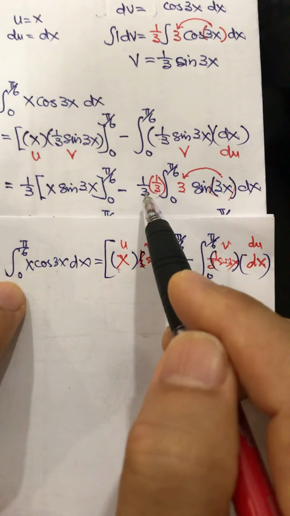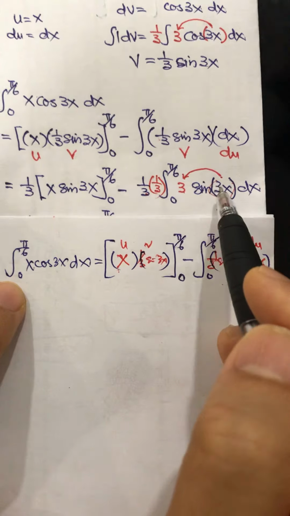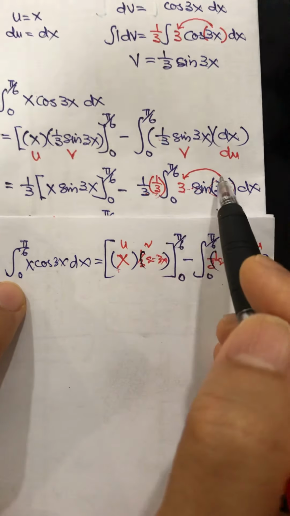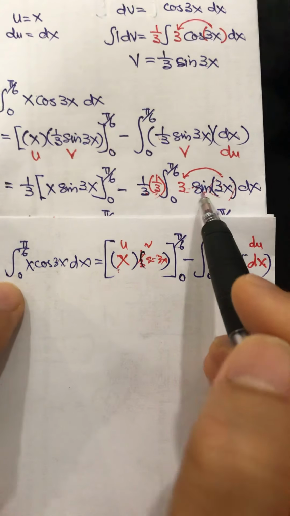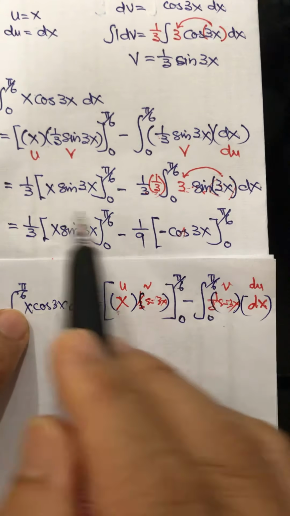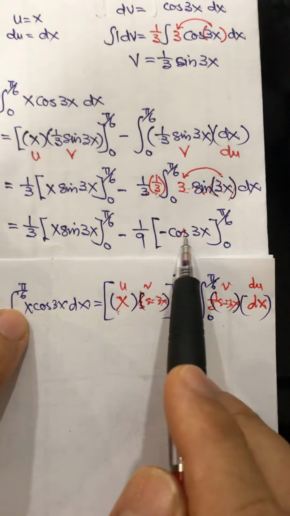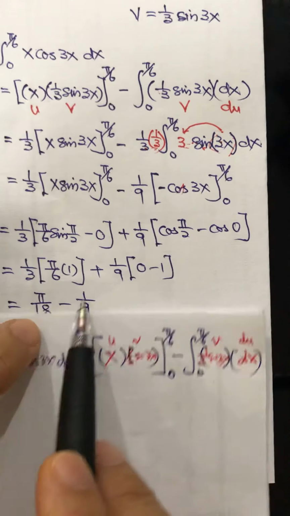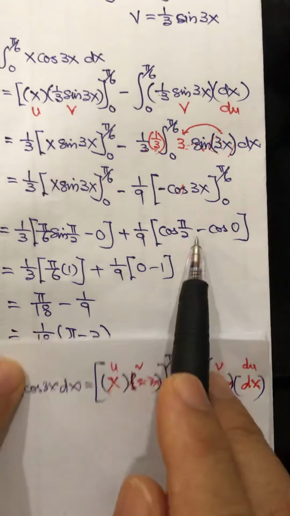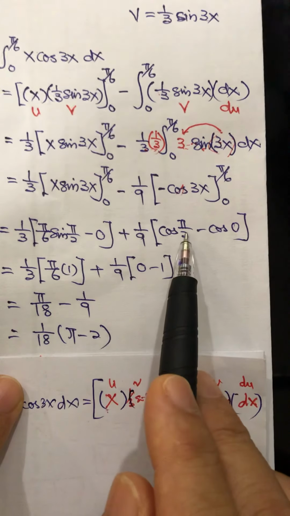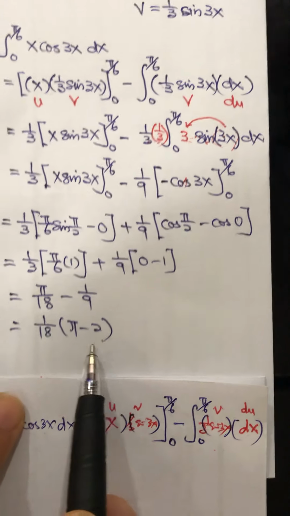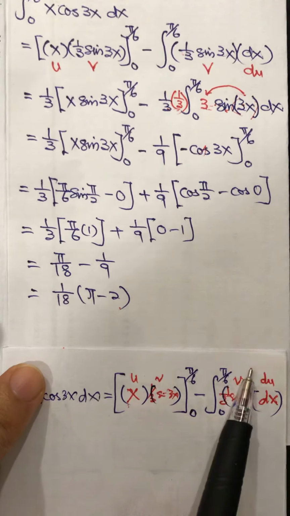This 1/3 is from here, the blue color one, but the red color is the added one. I added one because I need a 3 here to change this one into negative cos. So after that I get 1 over 3, then I substitute, then finally, cos 90 is 0, sin 90 is 1, so finally I get this answer. Okay, so this is the answer.